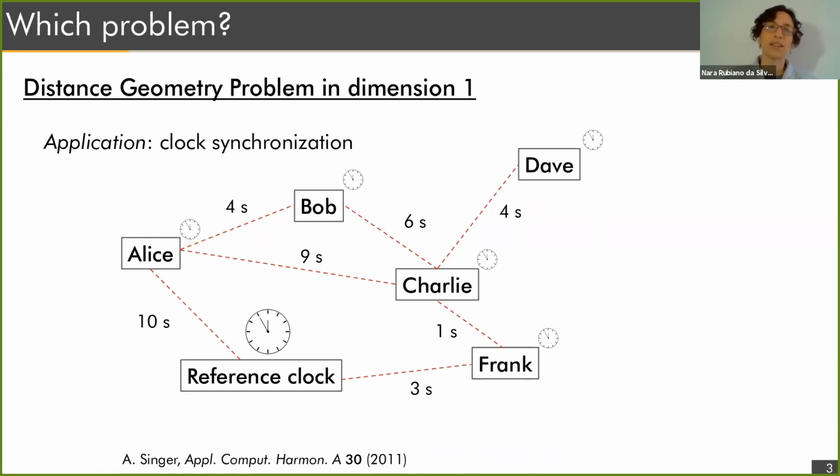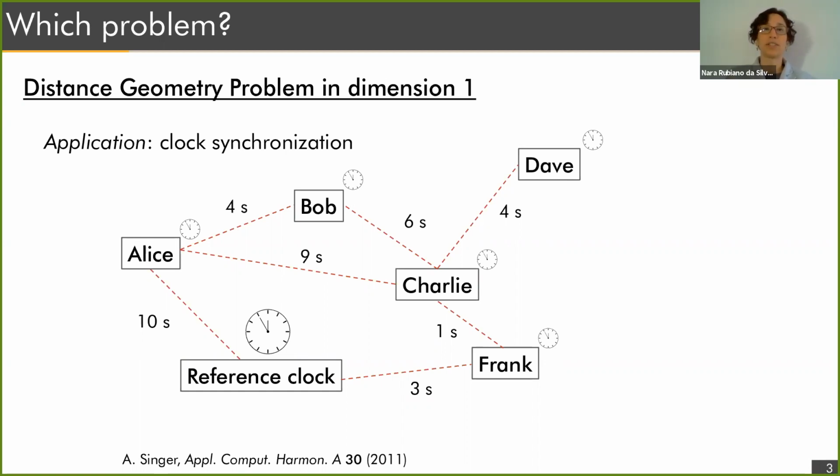In the talk today and the work I'll present, we are interested in a distance geometry problem in dimension 1. Although it is just a one-dimensional problem, it also has very nice applications.